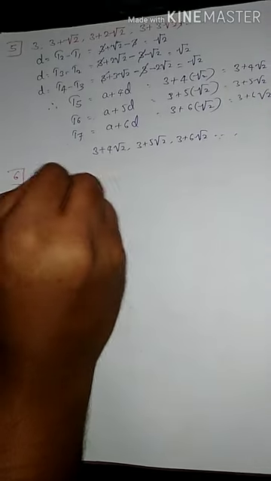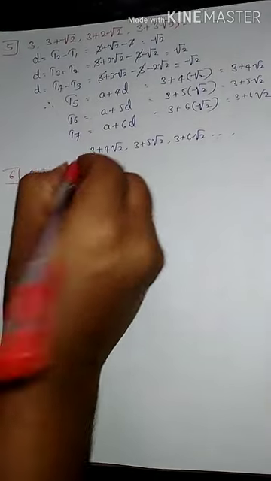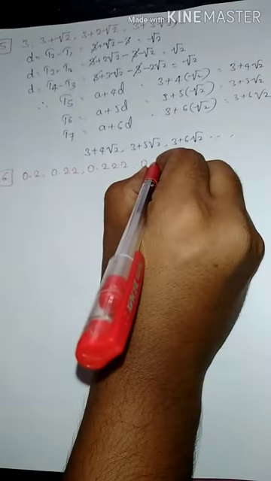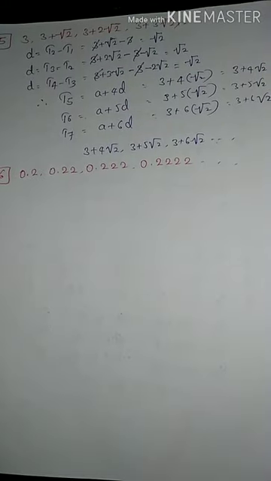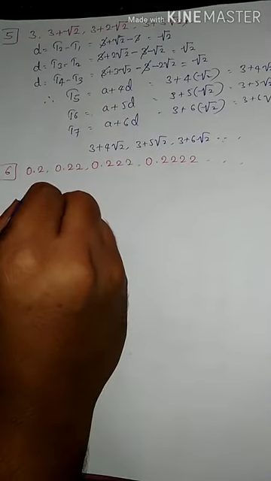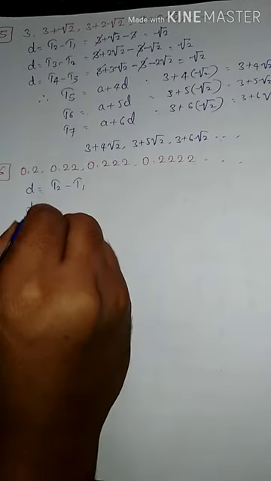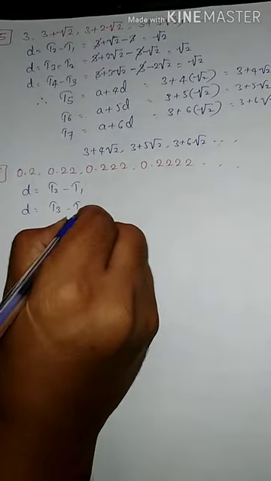The next, sixth one: 0.2, 0.22, 0.222, 0.2222, and so on. So here the common difference D is equal to T2 minus T1, D is equal to T3 minus T2.